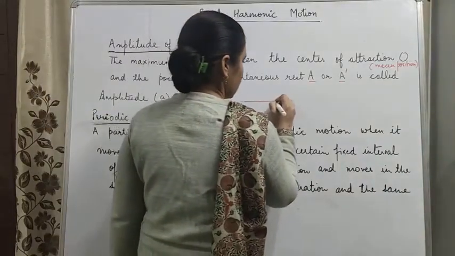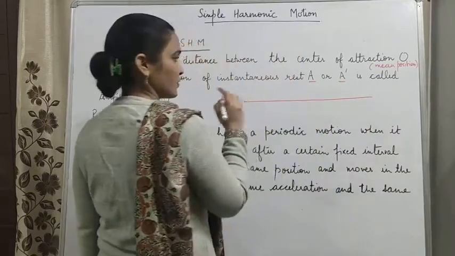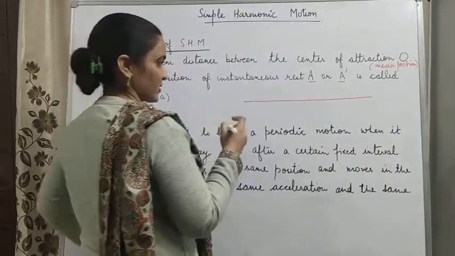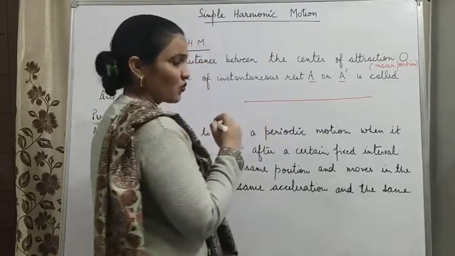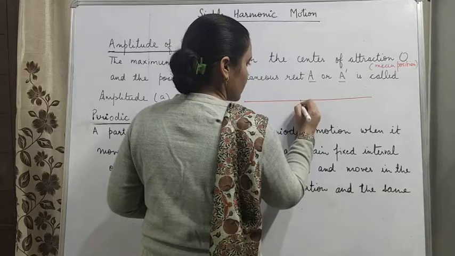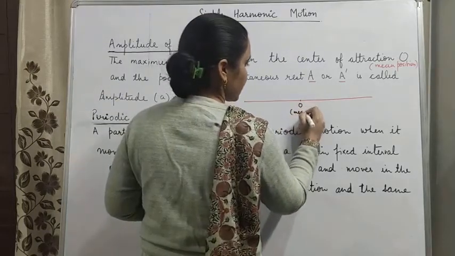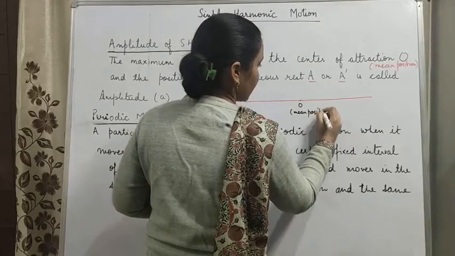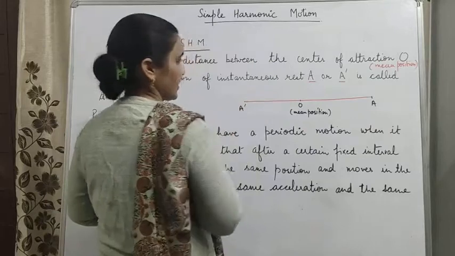Students, in the last lecture we discussed the motion of complete simple harmonic motion. The particle is moving in a straight line where O is the mean position, and A and A dash are the extreme positions.